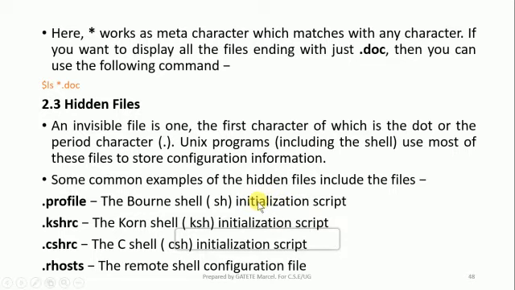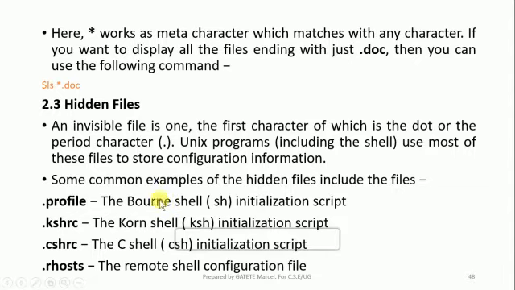For example, when you are starting an operating system, there are some files which will be used to start your operating system. Such a file will depend on the shell you are using, because different Unix platforms use different shells.